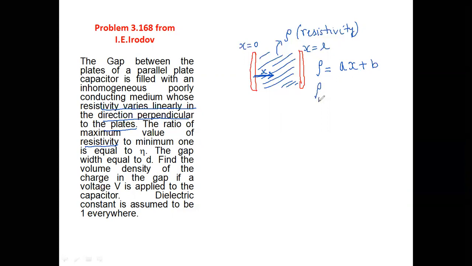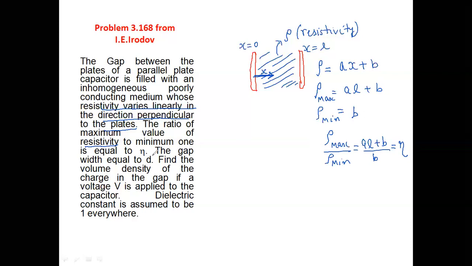So from this expression, maximum resistivity will be when x equals L, and minimum resistivity will be for x equals 0, that is b. The question says that rho max by rho min, the ratio, which we can write as (aL plus b) over b, is eta, as given in this question.